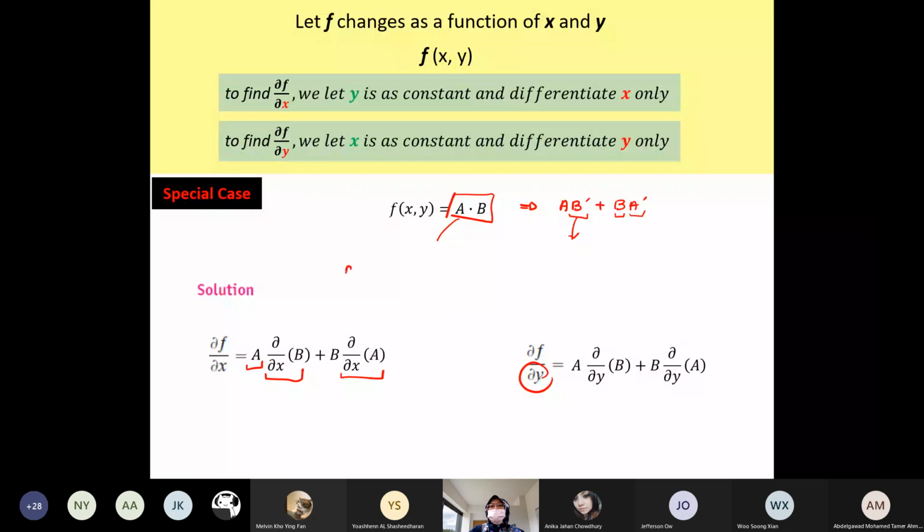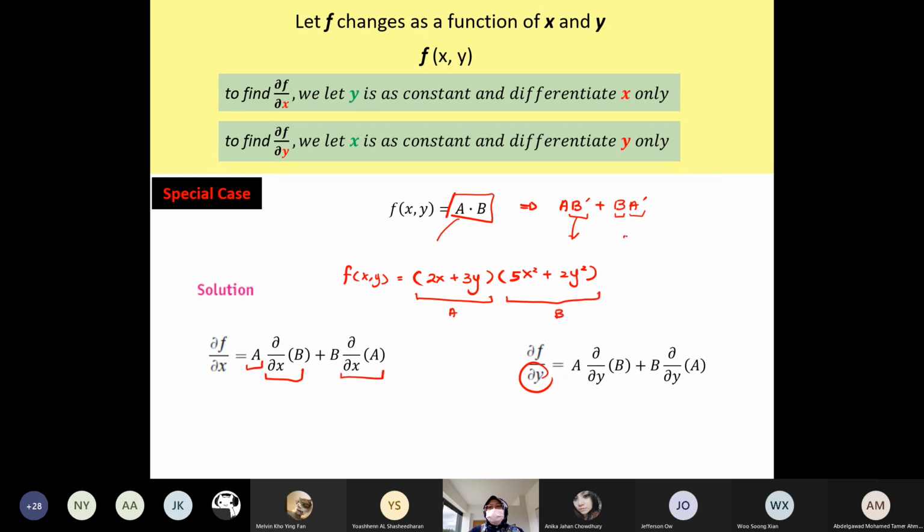You have a function f(x,y) equal to (2x plus 3y) multiplied by (5x square plus 2y square). Now this is your A and this is your B.